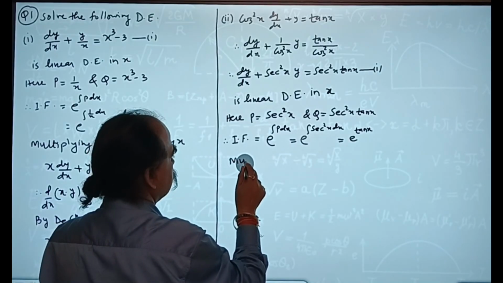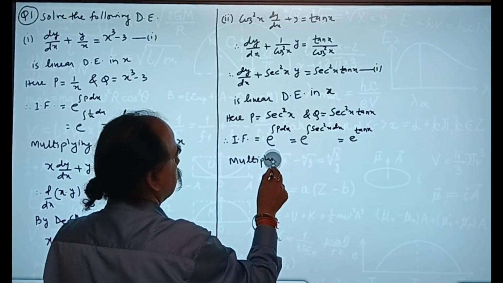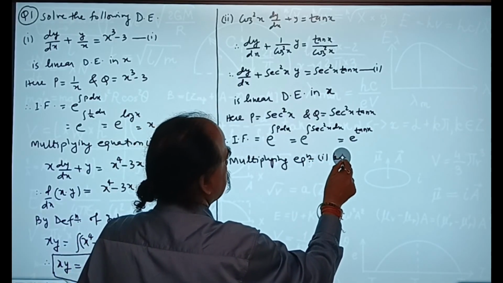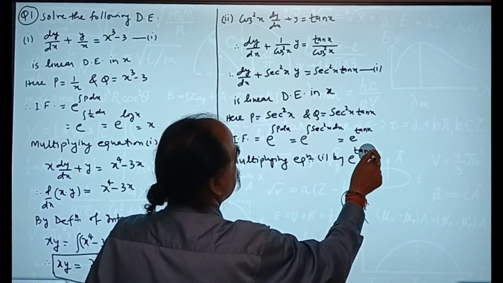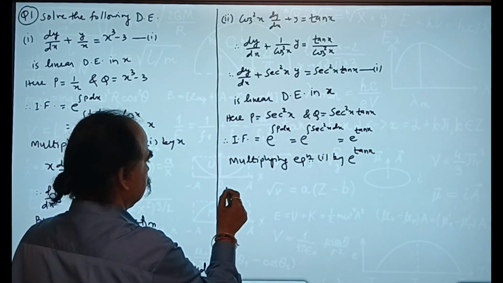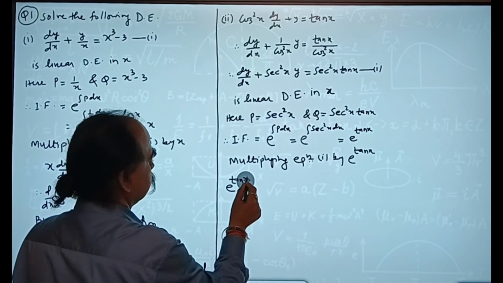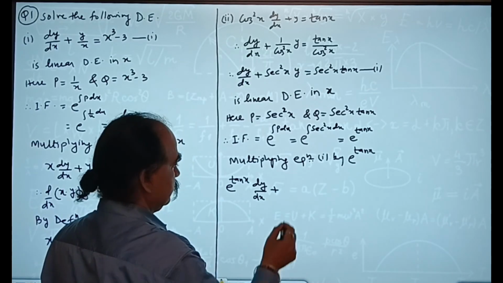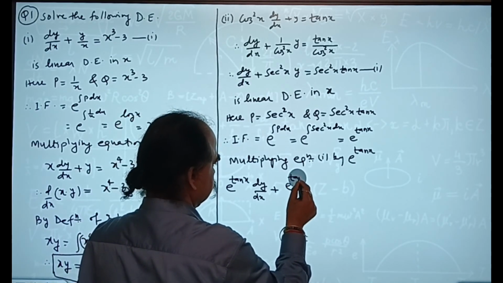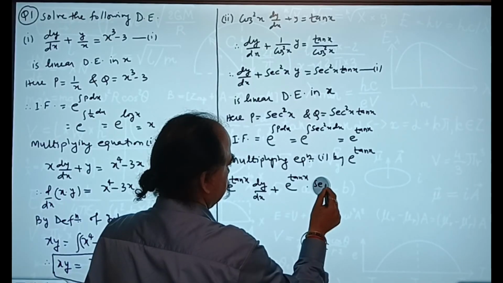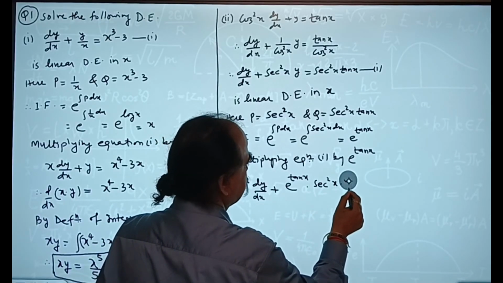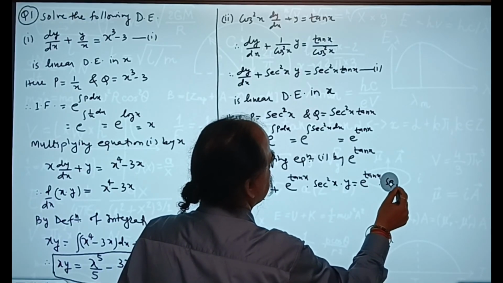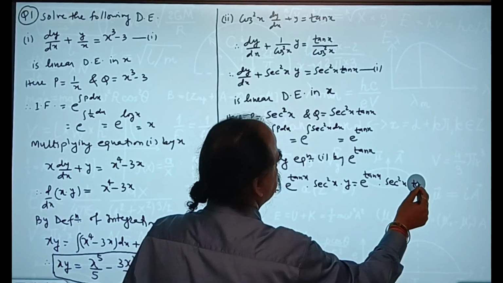Multiply equation 1 by e raised to tan x. e raised to tan x dy by dx plus e raised to tan x sec square x into y is equal to e raised to tan x sec square x into tan x.